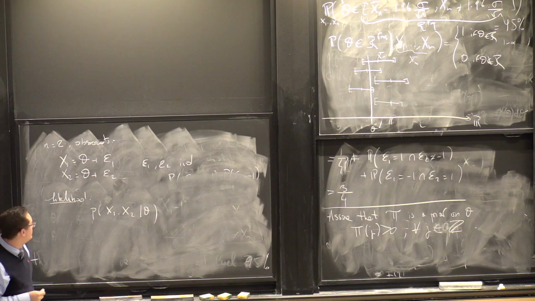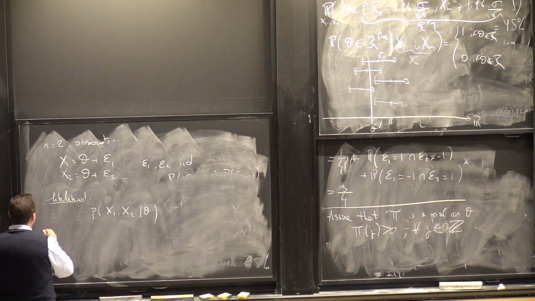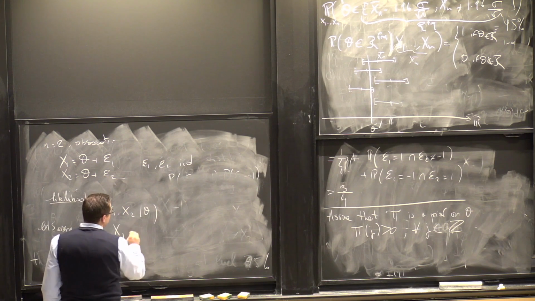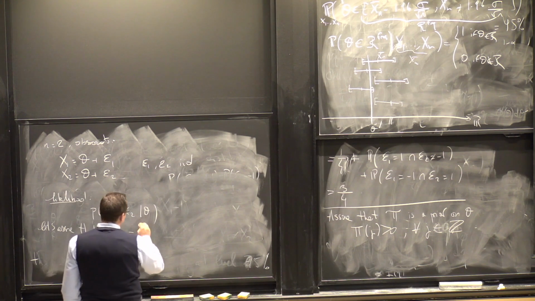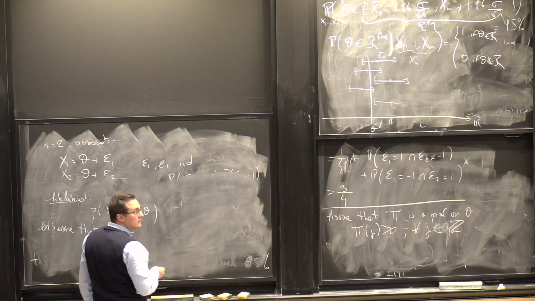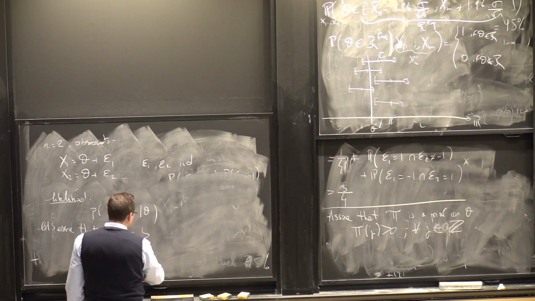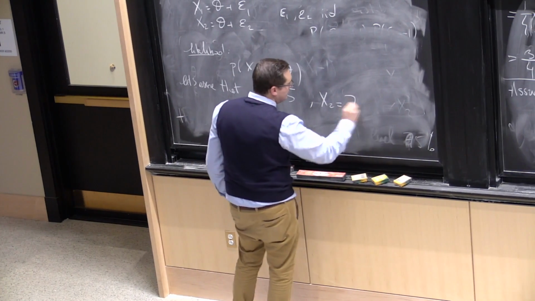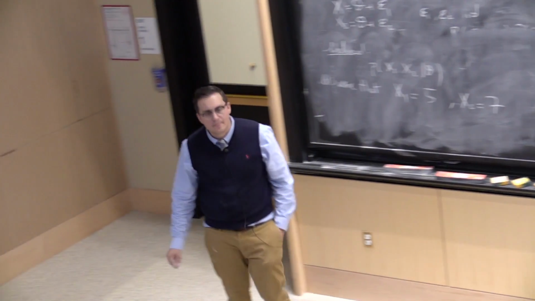Now, just to make things a little simpler, let us assume that x1 is equal to 5 and x2 is equal to 7, okay?